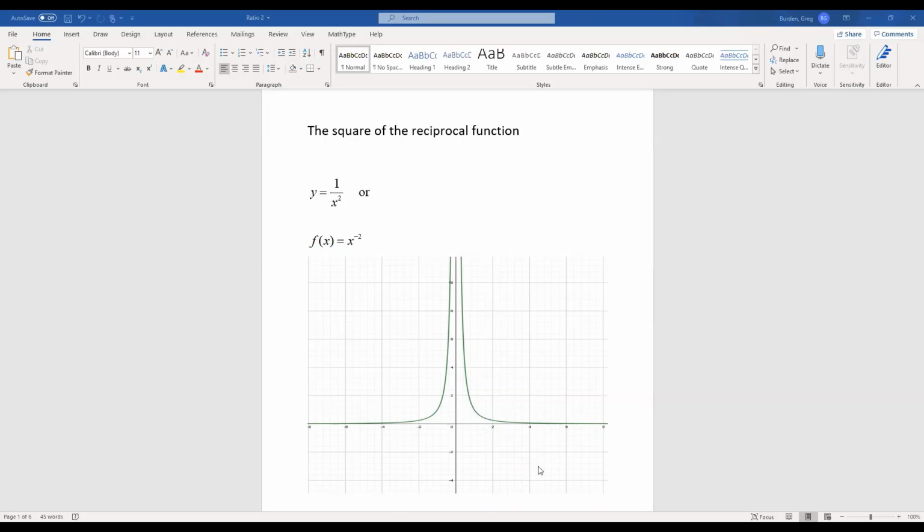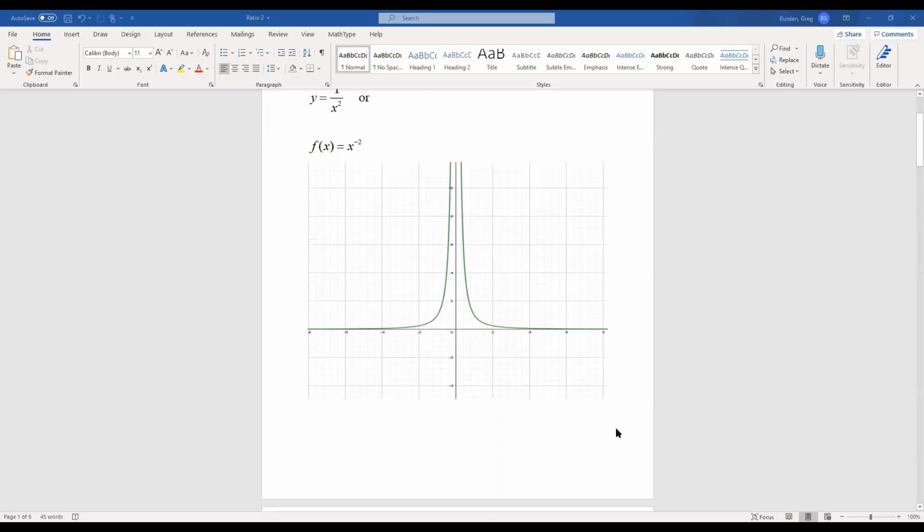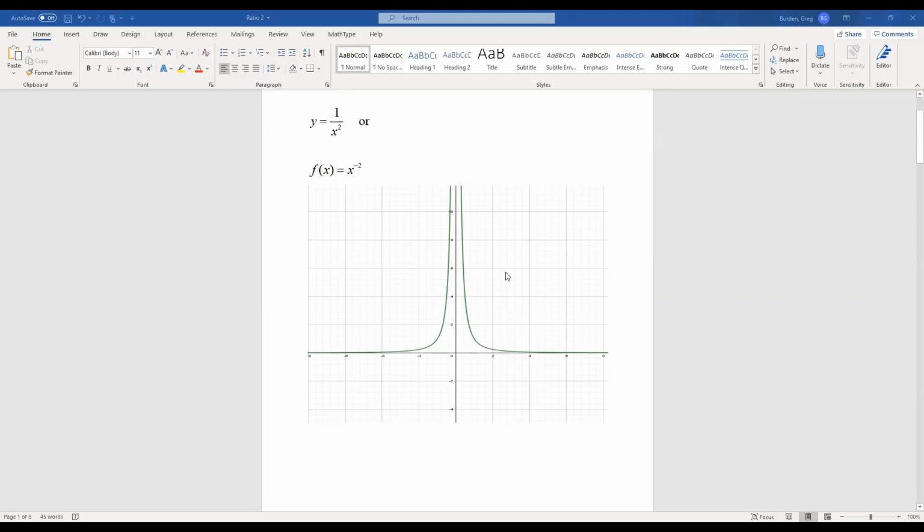Now with the reciprocal function, if we had y equals 1 over x, if x is negative, then we would have 1 divided by a negative, which gave us an odd function where we had a branch of a hyperbola over here, and then we had another branch of the hyperbola here in quadrant 3, as you may recall. We don't have that here. This is actually an even function.